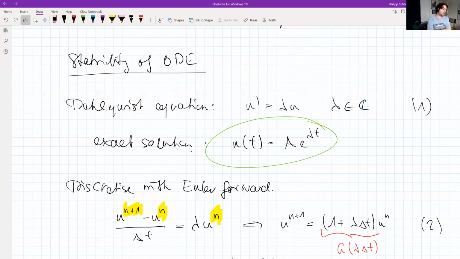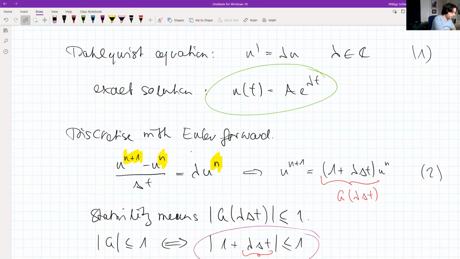So how to assess the absolute stability of an ordinary differential equation? It is always the same procedure. You write the characteristic polynomial in the way that we have written here. So you have u^(n+1) equaling (1 + lambda delta t) times u^n, and then you analyze the absolute value of this g.